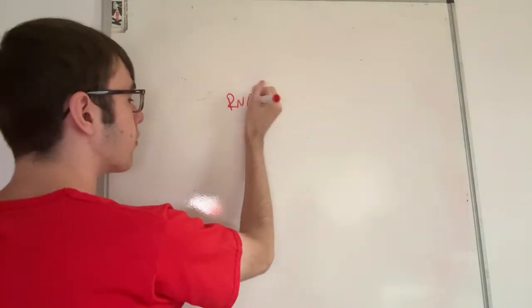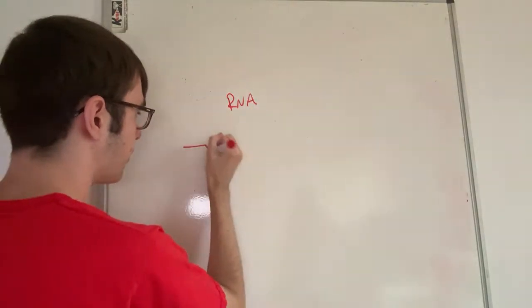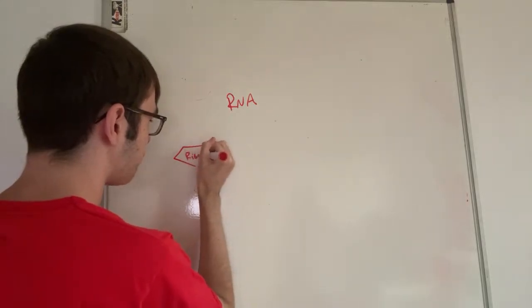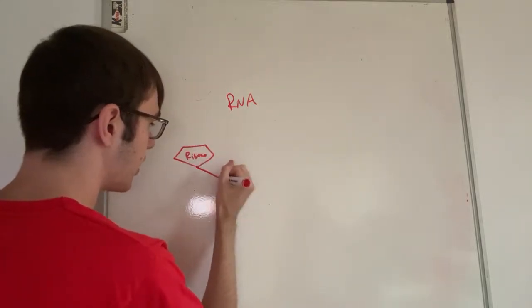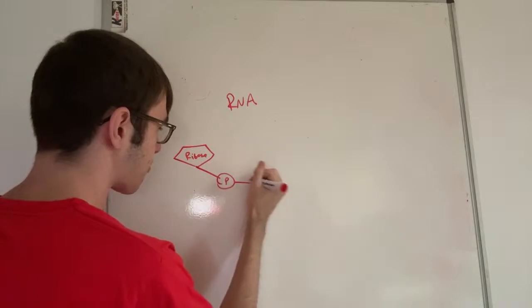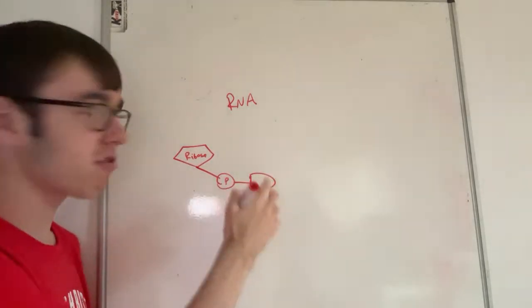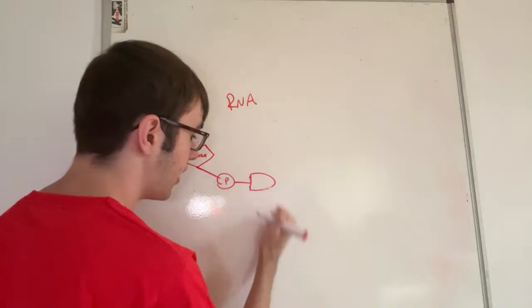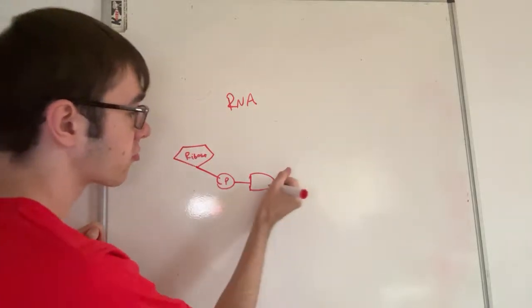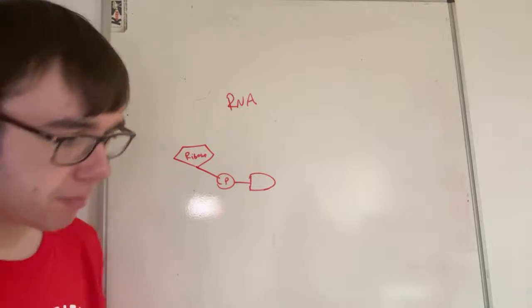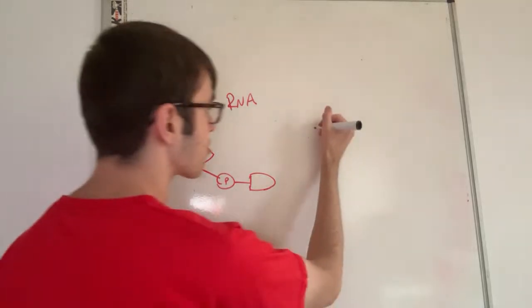RNA, ribose nucleic acid. The idea here is the structure has ribose. It has, I'm assuming, the phosphate group, and a nitrogenous base. Now, the interesting thing about RNA is the bindings.